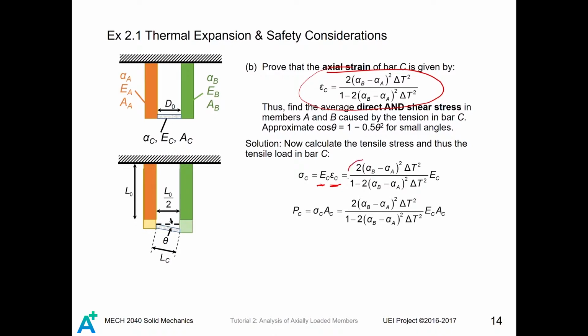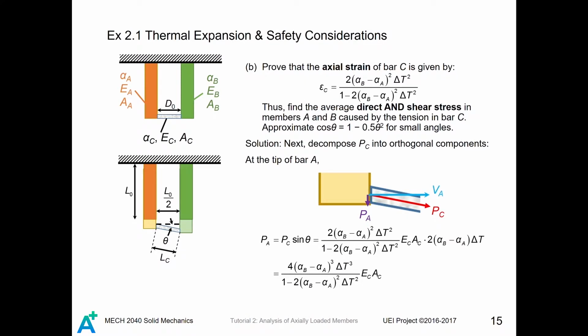So this entire piece is just the axial strain, epsilon c, and then we multiply it by EC, then it is done. Similarly, for PC, we just multiply the stress by the cross-sectional area, AC, and you can find this result.